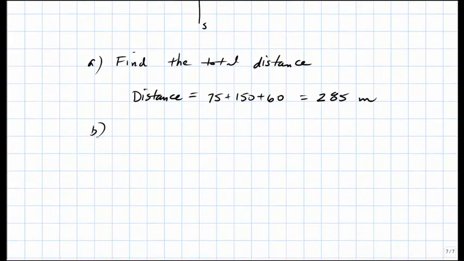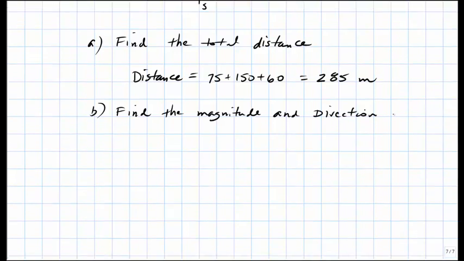In part B, we want to find the magnitude and direction of the overall displacement, which we call R. The first step is to determine the x and y components of the three legs of our journey.